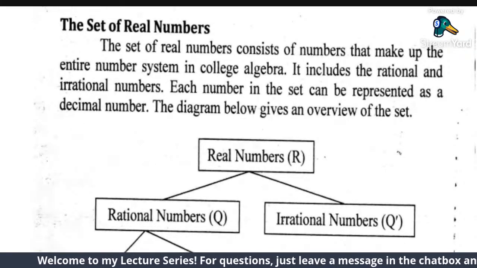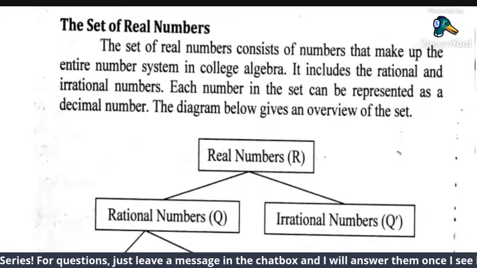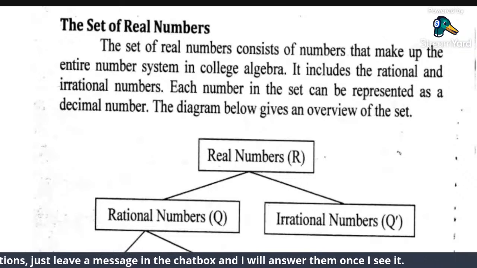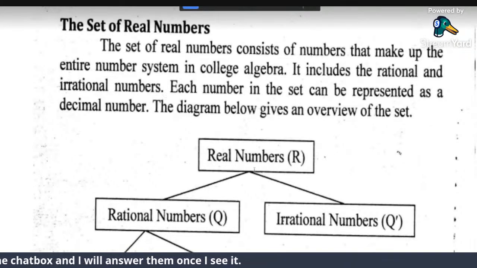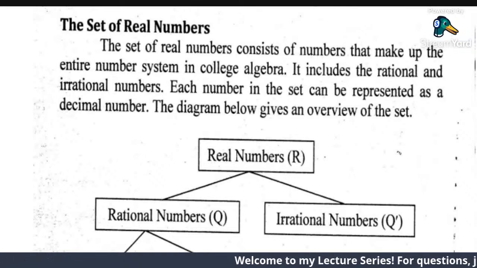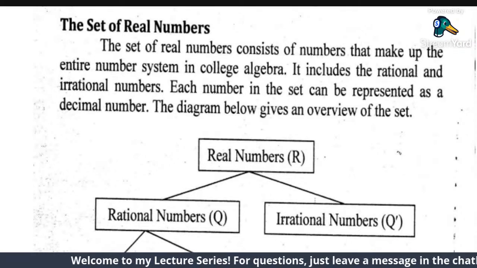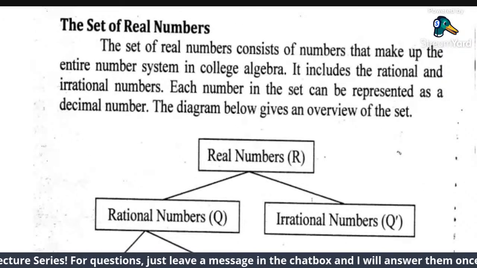All right, so the set of real numbers, I'm pretty sure that this is not new to all of you. The set of real numbers consists of numbers that make up the entire number system in college algebra. So it includes the rational and irrational numbers. Here we have the set of real numbers R, and this would include your rational numbers Q and irrational numbers Q prime.